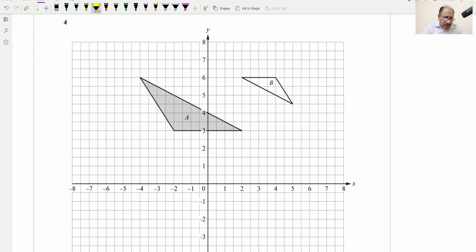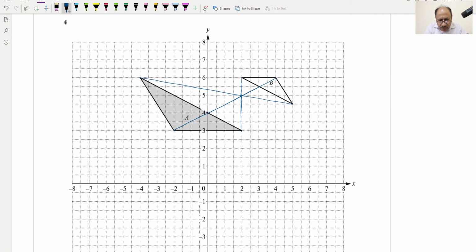So we can join these vertices. The middle one I'll be joining with this, and we'll be finding the center of enlargement. This is enlargement, and the center of enlargement we will check by joining the respective vertices, and we have drawn all 3 vertices.